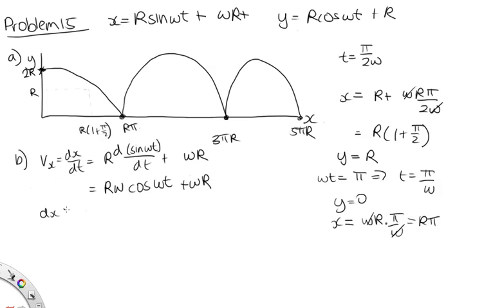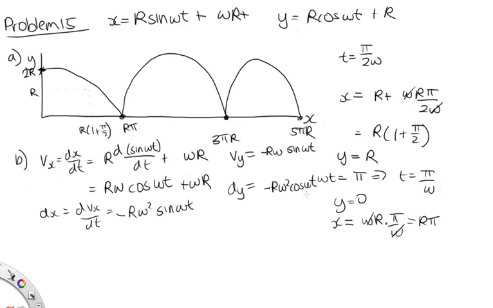The acceleration in the x direction, we take the derivative of this, so this is dvx dt, which is equal to minus r omega squared sine omega t, and this is constant, so when you take its derivative it disappears. In the y direction, we've got Vy is equal to the derivative of this, which is minus r omega sine omega t. When we take the derivative of r, it disappears, and Ay is equal to the derivative of this, which is minus r omega squared cos omega t.